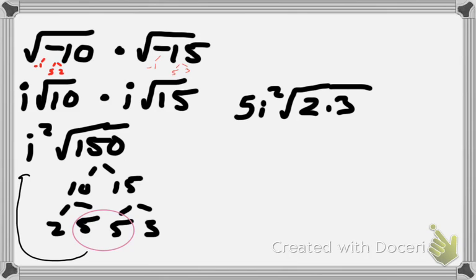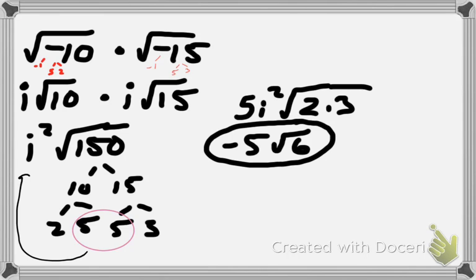So I have a 5 out front, an i squared out front, and a 2 and a 3 inside. Well, what's that going to equal? 6 on the inside, negative 5 on the outside, because i squared is negative 1. Negative 5 root 6.